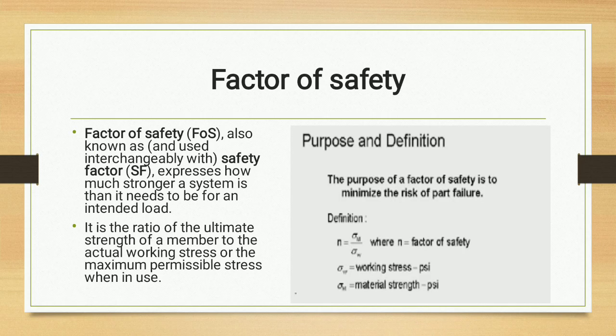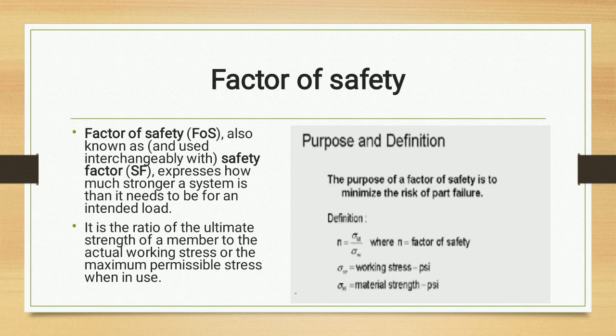Factor of safety. Factor of safety, also used interchangeably with safety factor, expresses how much stronger a system is than it needs to be for an intended load. It is the ratio of ultimate strength of a member to the actual working stress or the maximum permissible stress when in use.